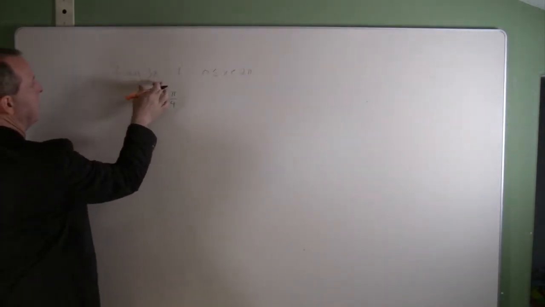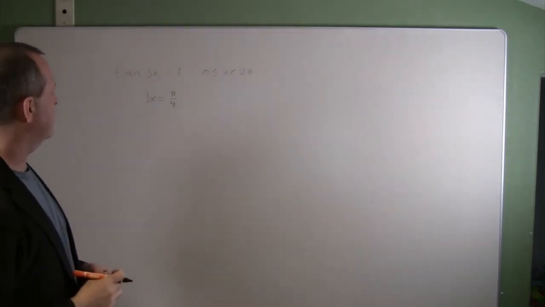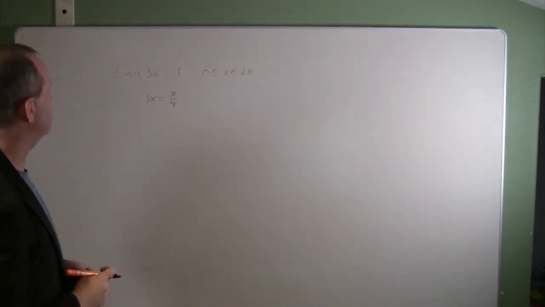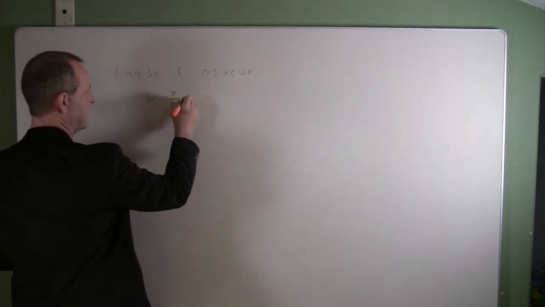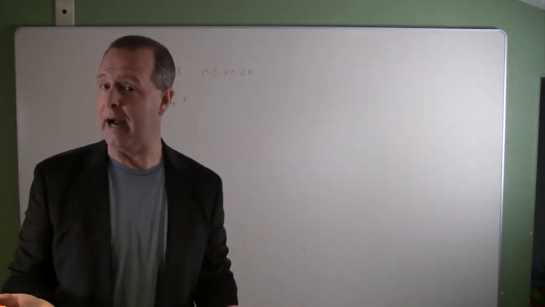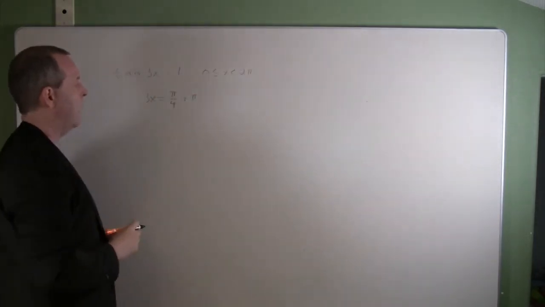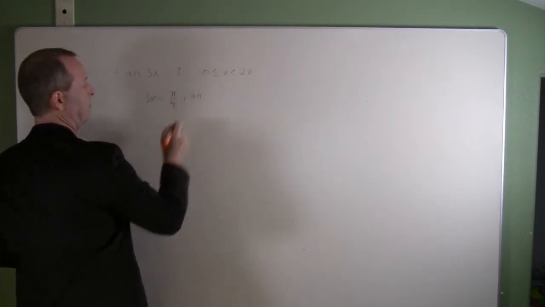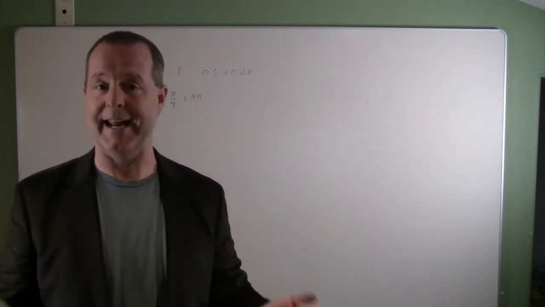So 3x equals pi over 4 plus its period, which was just pi. So for every pi past that, I get a solution to this particular tangent function.